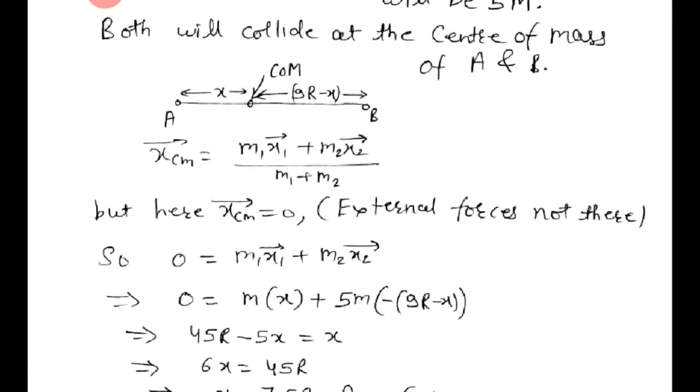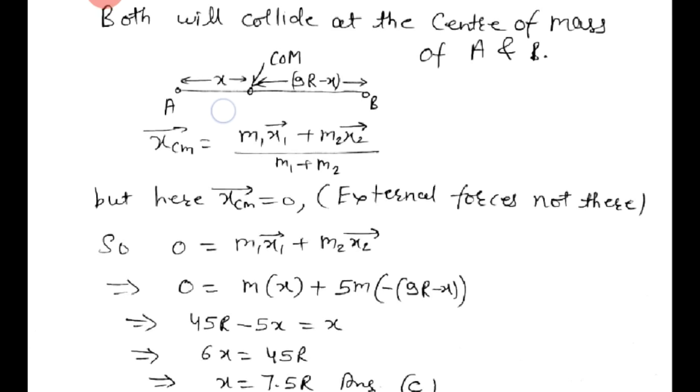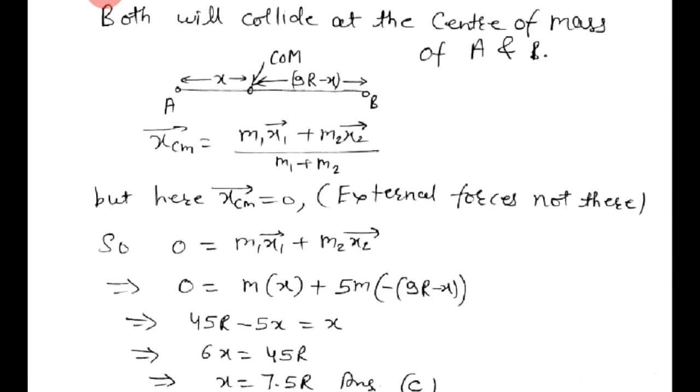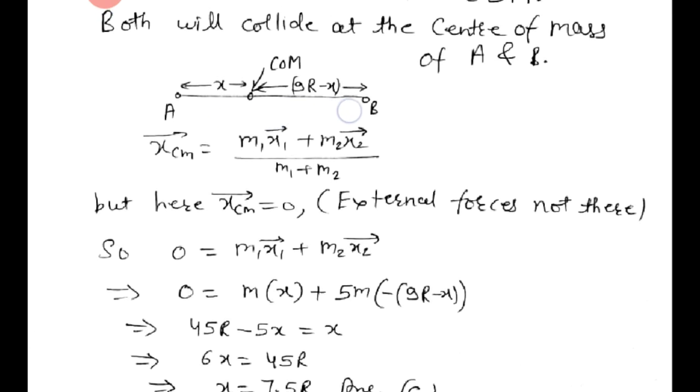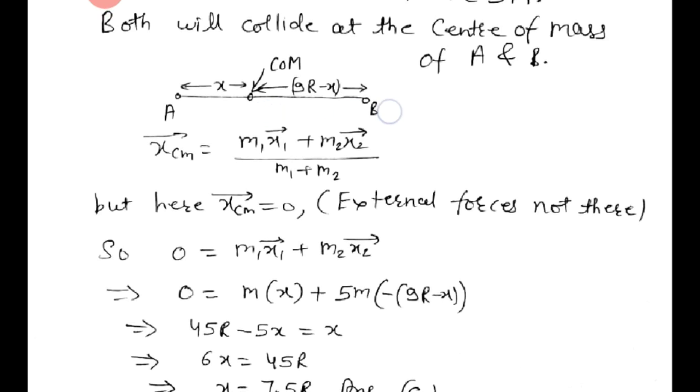Okay, and these x1 and x2 are in vector form. So if x is taken positive, then definitely 9r minus x will be taken negative, because this particle will move in the opposite direction.